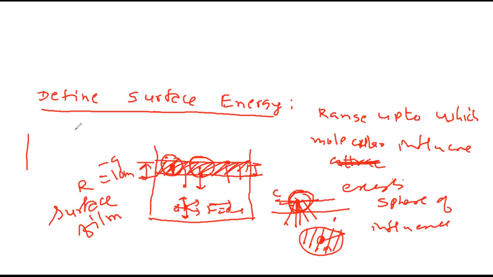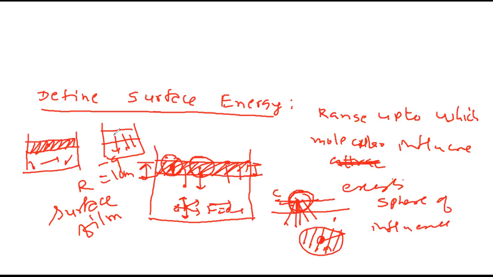When a molecule is well inside the liquid, it is free to move. No work is done against any opposing force. As soon as a molecule enters the surface film, it is acted upon by downward forces. So the downward force will pull it down.